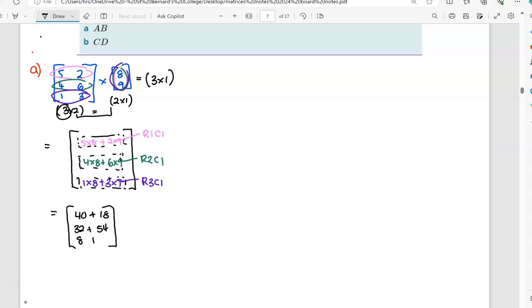And then 1 times 8 plus 3 times 9. So I've just quickly done those multiplications, and then I could keep tidying it up, because remember, I want to have a 3 by 1. And when I finally add them all up, I end up with a 3 by 1. Okay, so we've manually done it.